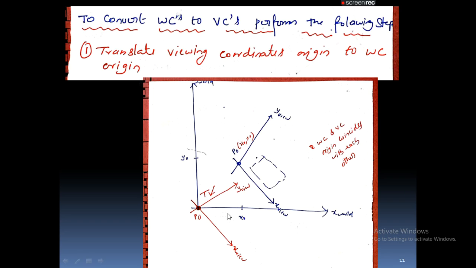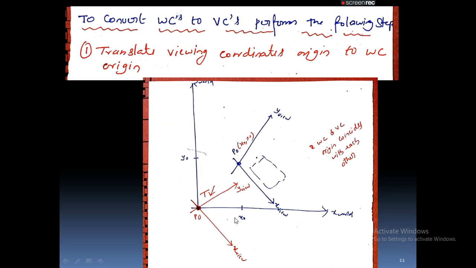You see this diagram, I translated the origin of the viewing coordinate to the world coordinate, meaning that P naught is translated from the arbitrary position to the origin of the world coordinate. Then P naught coincides with the origin of the world coordinate, meaning the origin of the world coordinate is the same as the origin of the viewing coordinate.